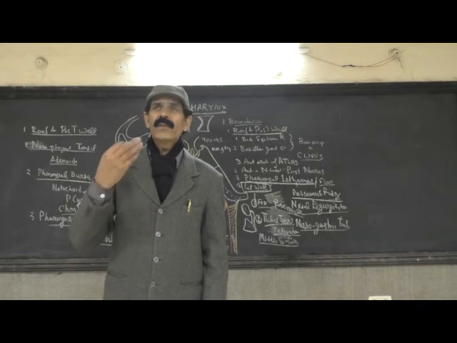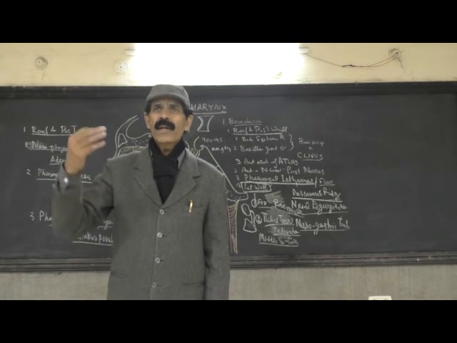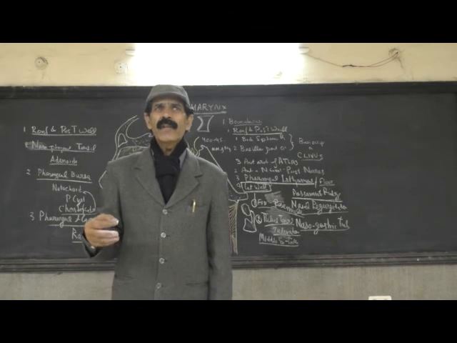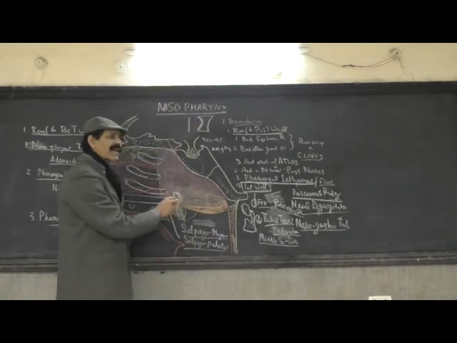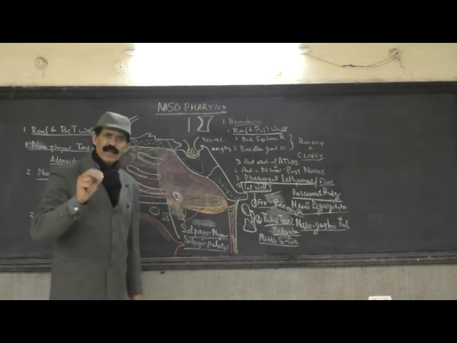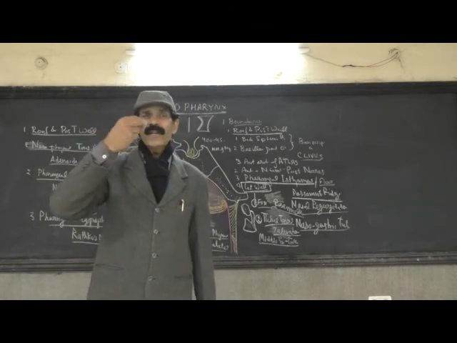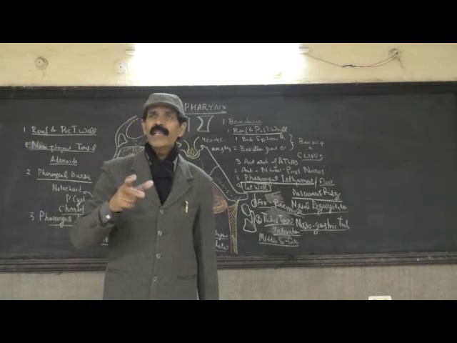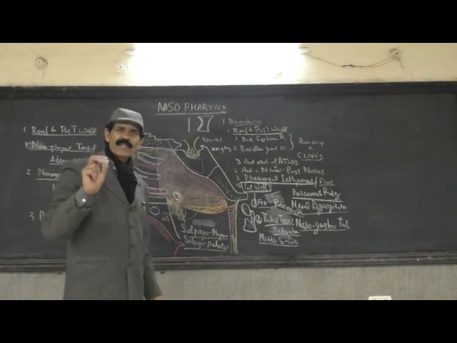So whenever you do the deglutition of the mouth saliva during the up and down movement of the aeroplane, deglutition will cause the muscles of the soft palate to contract, and Passavant's muscle and the muscles around the eustachian tube, they contract and they relax. So during the air intake, during our deglutition, this equalizes the pressure and it will open the eustachian tube and close it and open it.